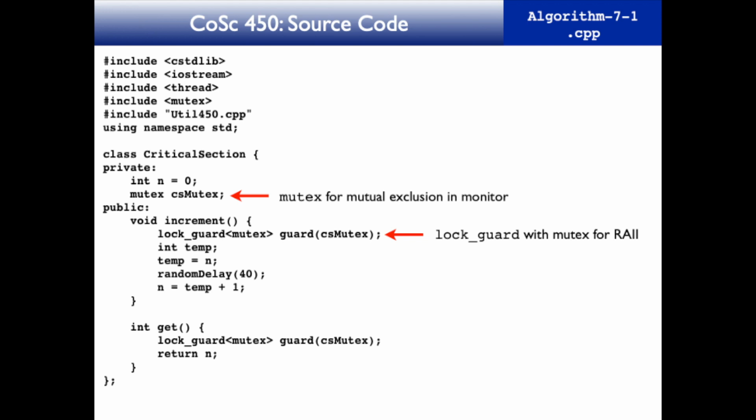So a lock guard is programmed so that it will lock the mutex when it is allocated in the constructor, and then when it is deallocated from the runtime stack, the destructor will unlock the mutex. And so even though it doesn't look like we are locking and unlocking our CS mutex here, that is actually precisely what our guard does.